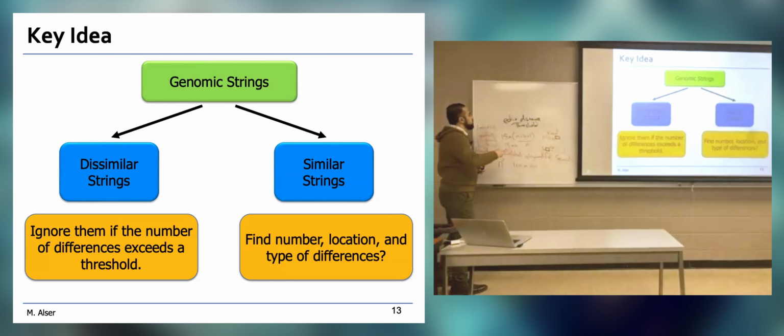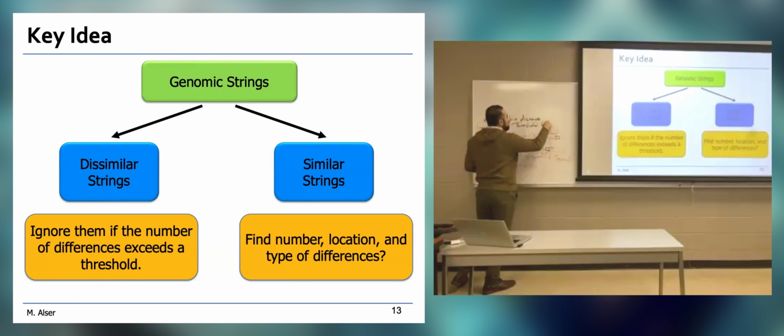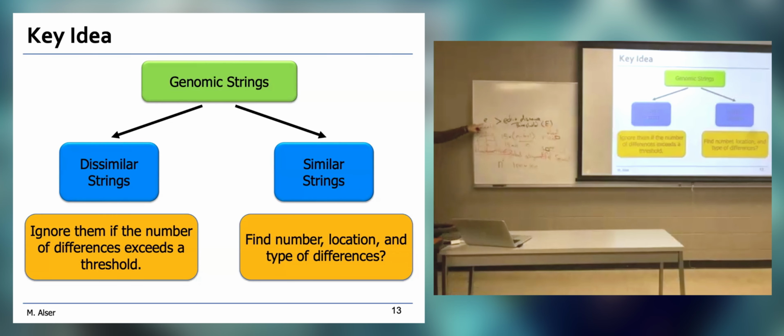If things exceed the edit distance threshold, let's say this is, for example, small e, and normally we use uppercase E, this is the number of differences between the sequences. So how many differences are between those two sequences? For example, E equals 10. But what is my threshold?